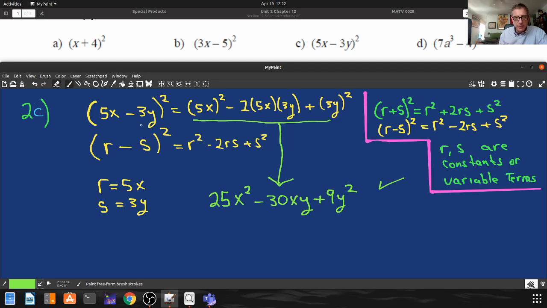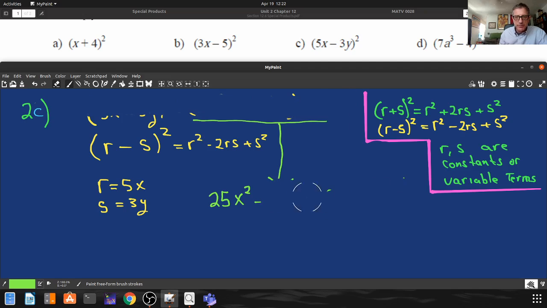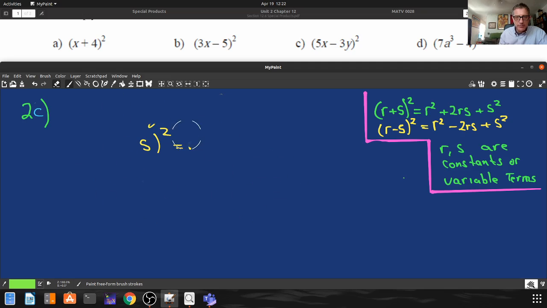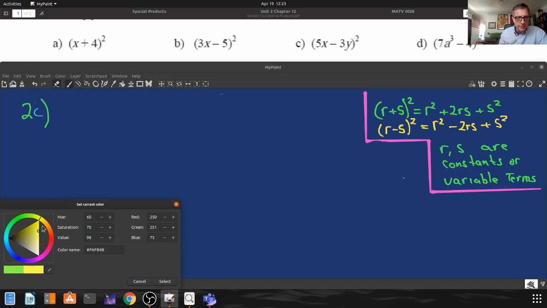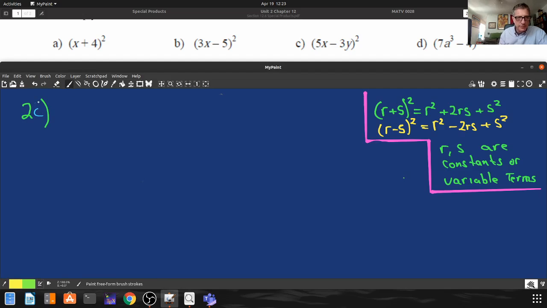Now, let's do 2D. So I have 7a cubed minus 4 squared.